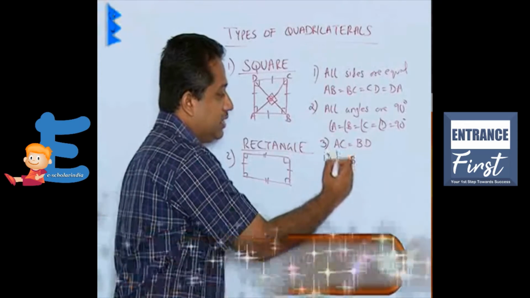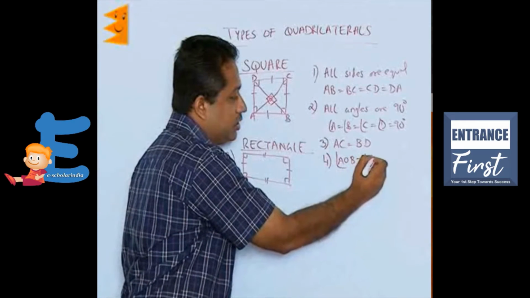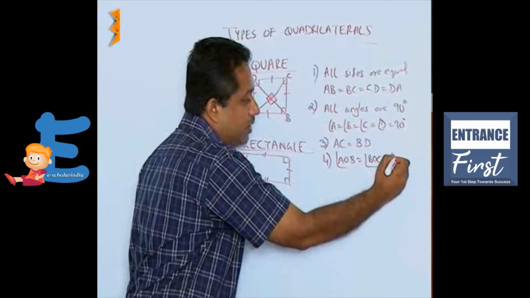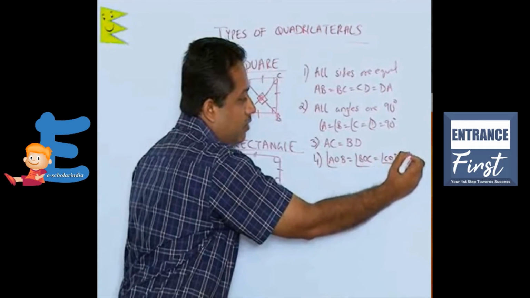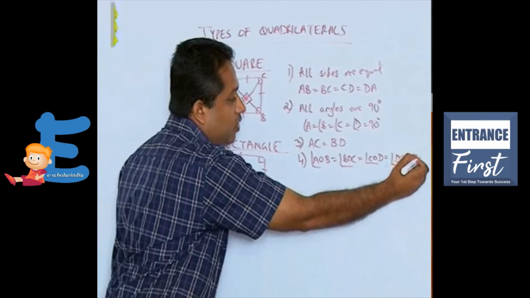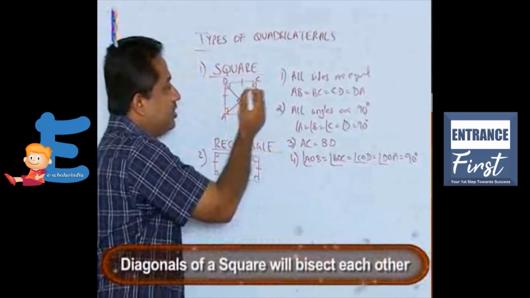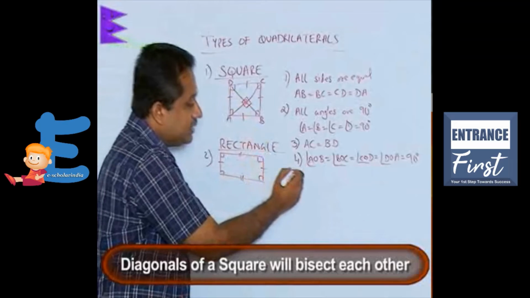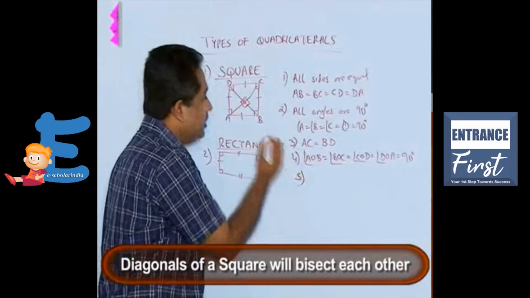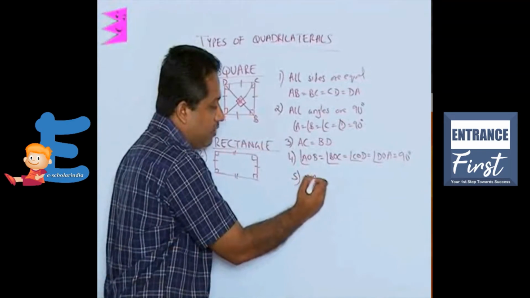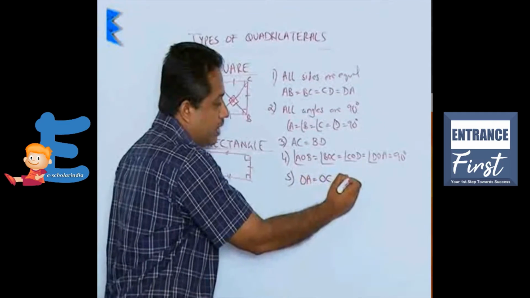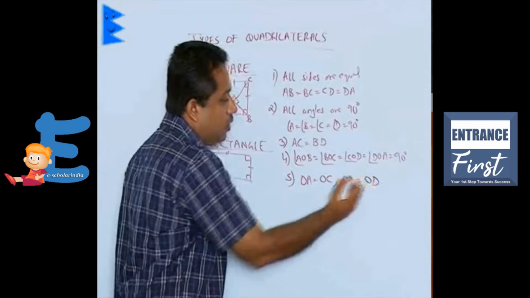So all the angles AOB, BOC, COD and DOA will all be equal to 90 degrees. And also the diagonals of the square will bisect each other. Bisecting each other means OA will be equal to OC and OB will be equal to OD.